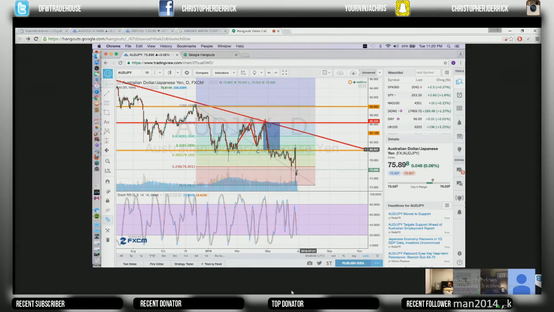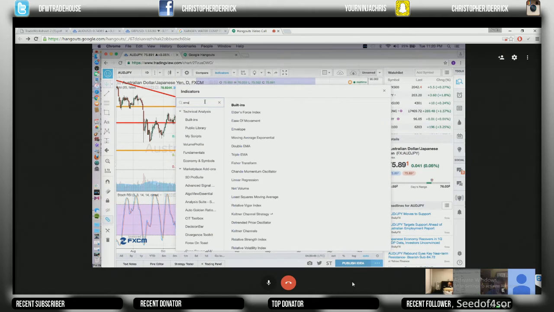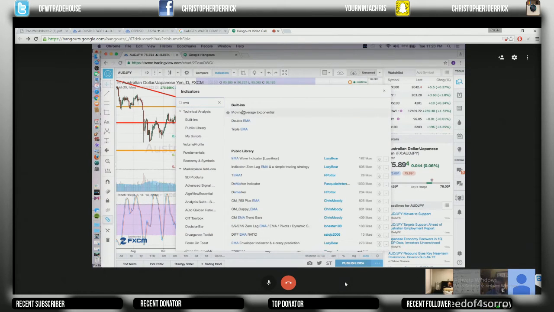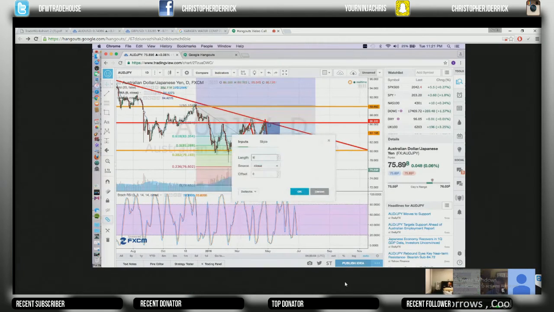So, with that being said, I just wanted to show people how simple it can be, how you can just have a few things on your charts. You can create a channel if you want to, or use fractals or a moving average. Okay, let's throw on two moving averages.